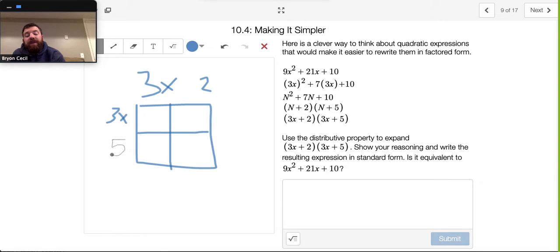I apologize for my handwriting in advance. So I'm going to get a 9x squared. 3x times 2 is 6x. 3x times 5 is 15x. And 5 times 2 is 10, right? So when I add this together, I do get 9x squared plus 21x plus 10. Okay, there we go.